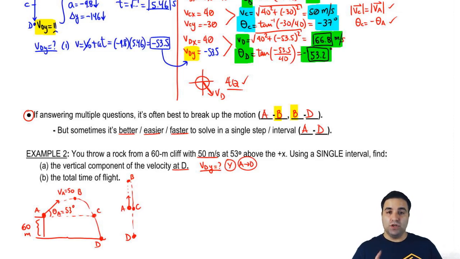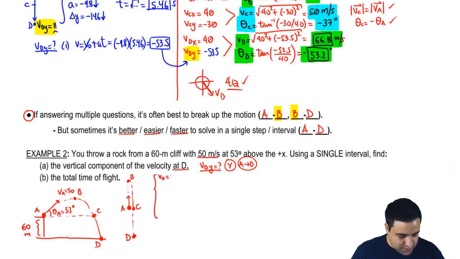Now, if I'm going to do this in one shot, I'm going to have to pick one equation and do it. But it's going to be easier if I actually list my variables real quick. I have my initial velocity, VAY, which I have to find by decomposing. That's my initial velocity right there. And then I have my final velocity, which is my velocity at point D, VDY, which is what we're looking for.